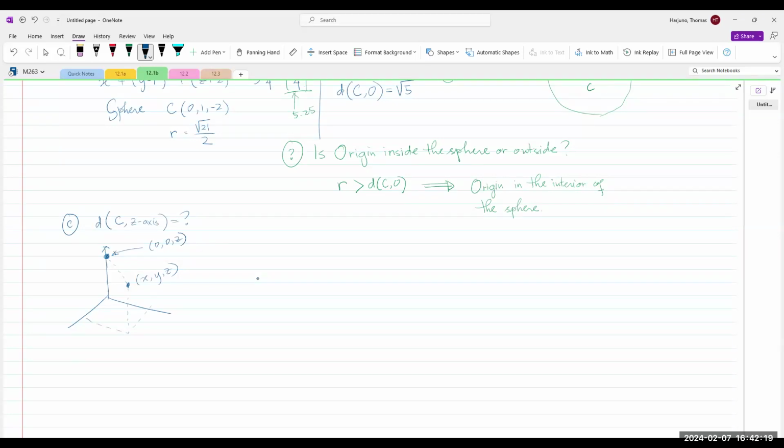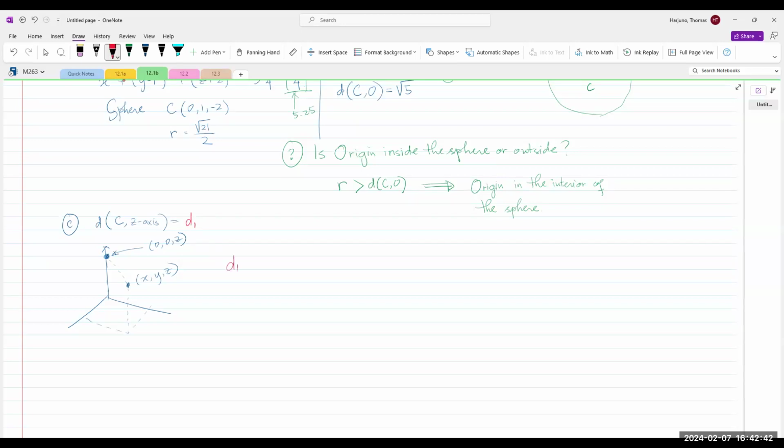Therefore, the distance from C, the center of the sphere, to the z-axis is basically the Pythagorean application to the x and the y. Okay, so let's call this d1.